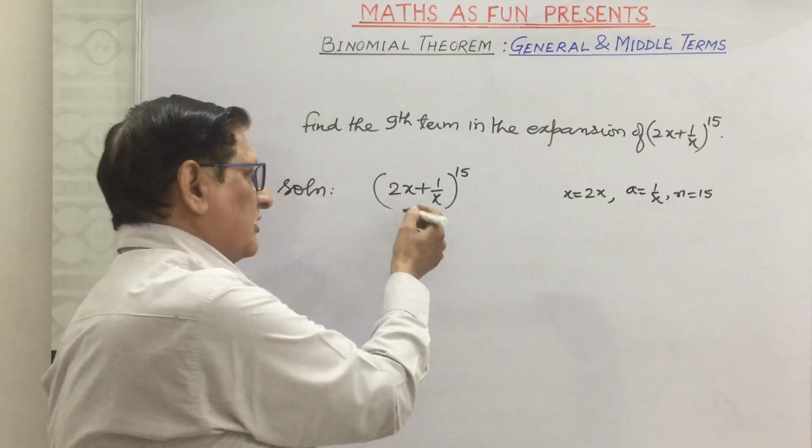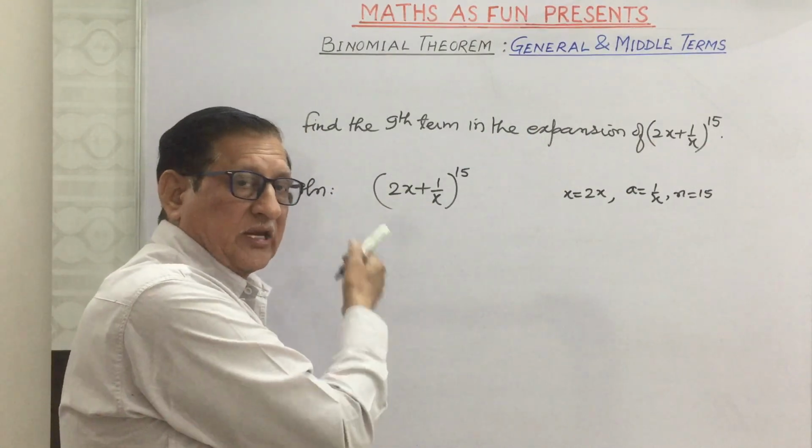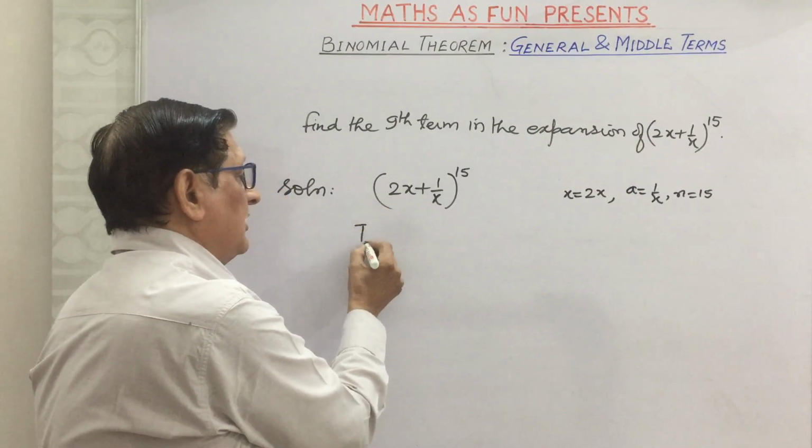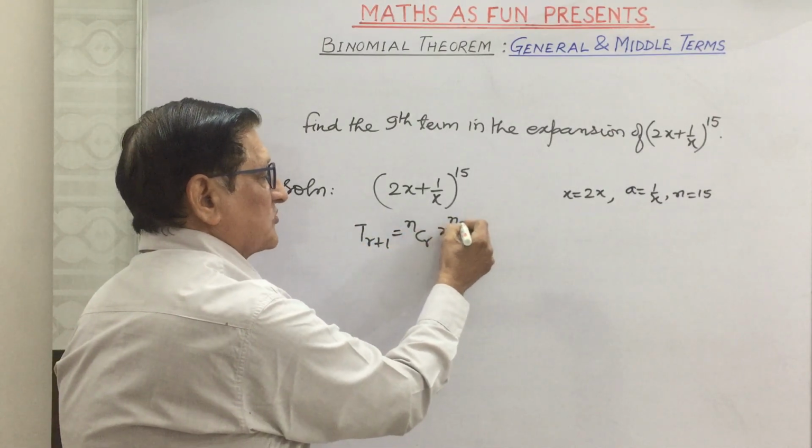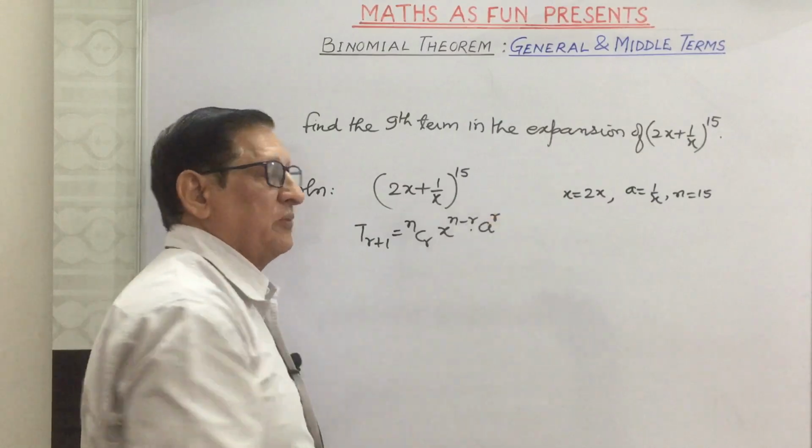So we write the general term first, that is the formula for the general term, t(r+1) = nCr x^(n-r) a^r.